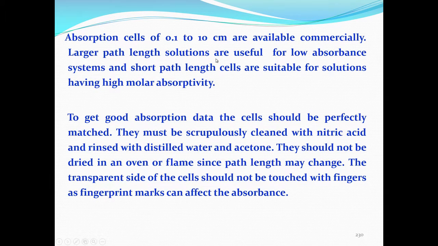Larger path lengths are useful for very low absorbance, and short path lengths are useful for solutions having very high molar absorptivity.